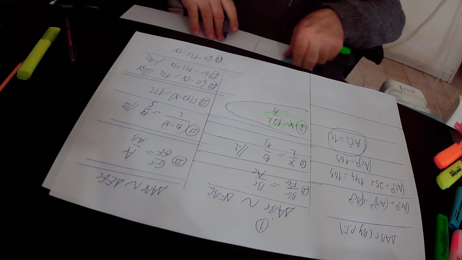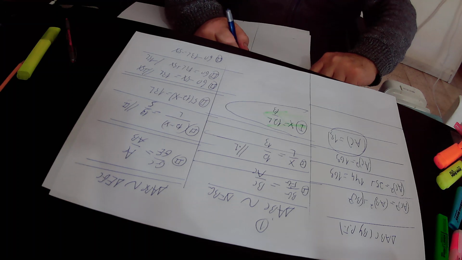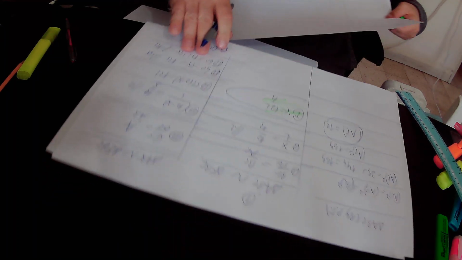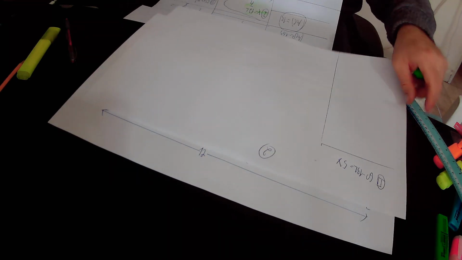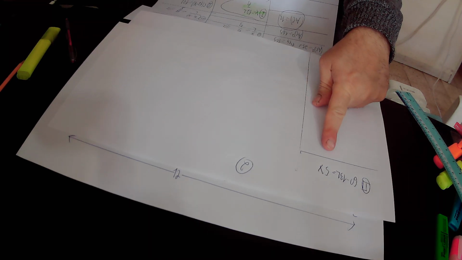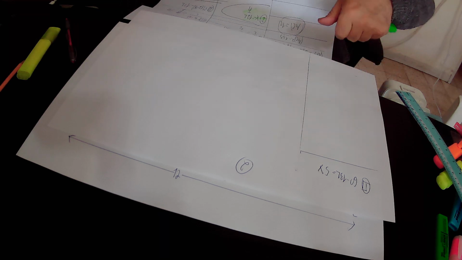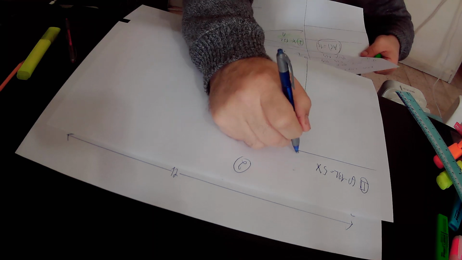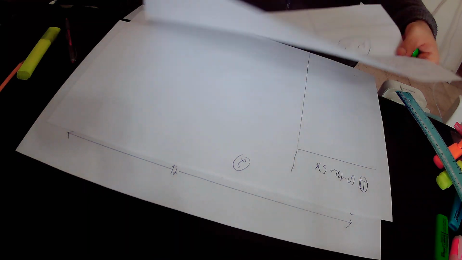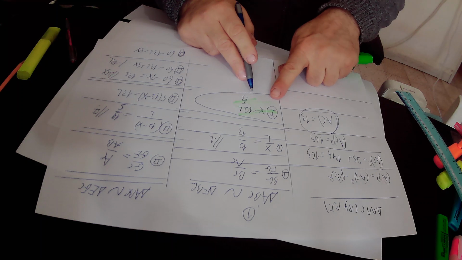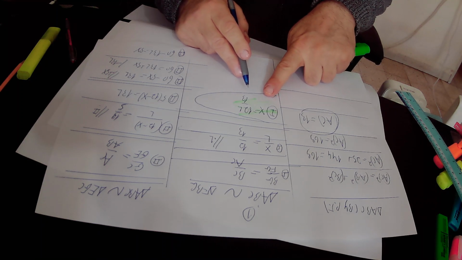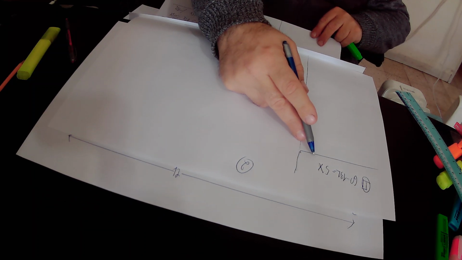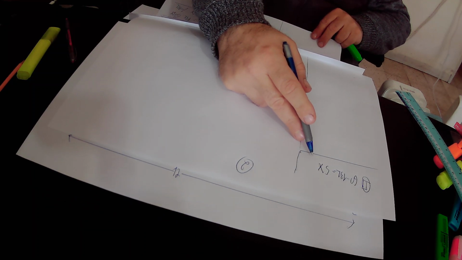In the next step, we substitute X in this equation 2 with the value of X that we found in equation 1. According to equation 1, X equals 12L over 13. Therefore, we substitute X here by 12L over 13.